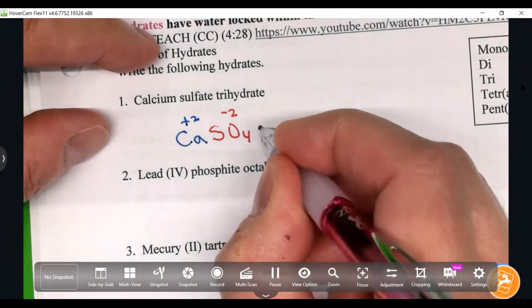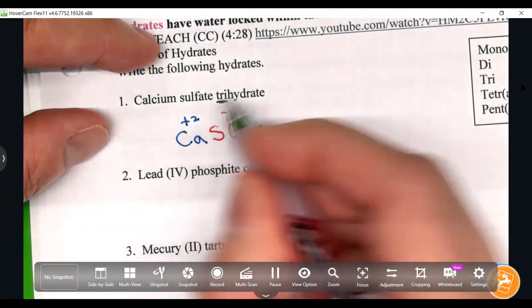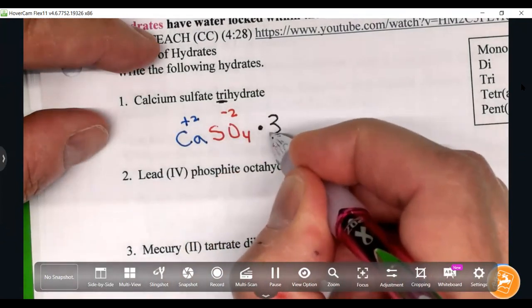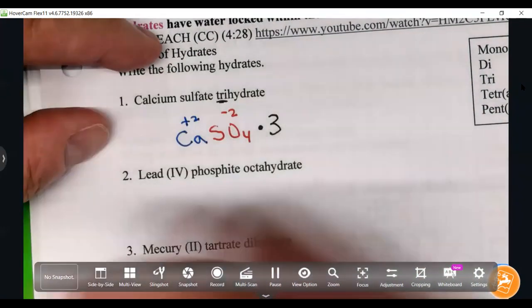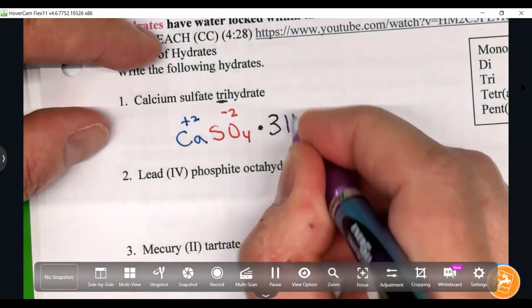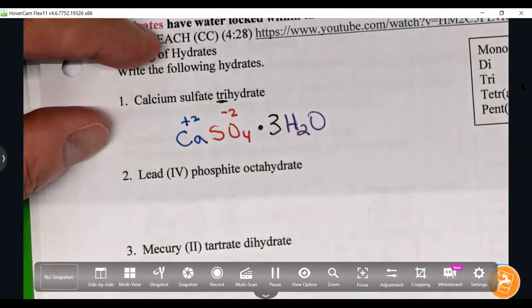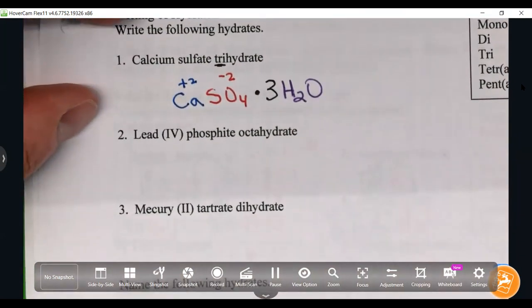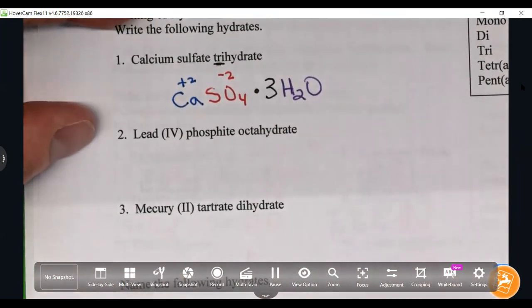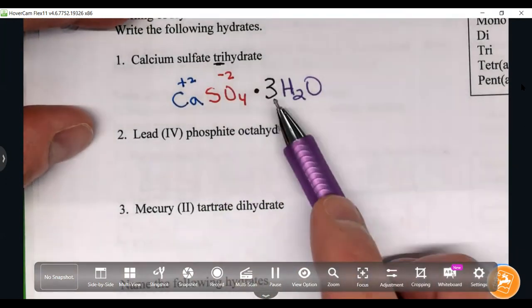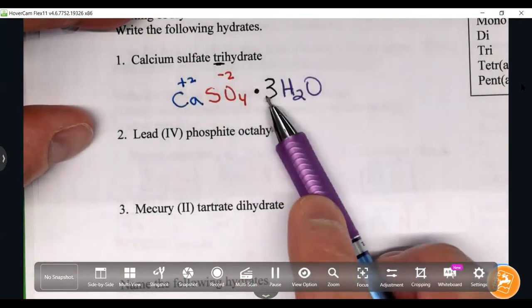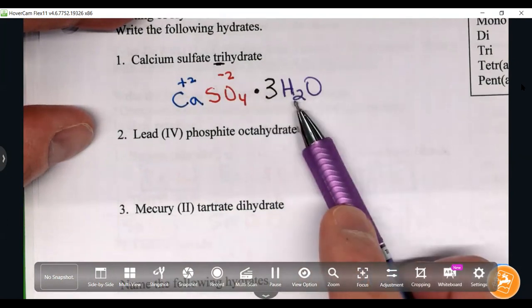Trihydrate, multiplication dot. Tri is 3. And the word hydrate is simply H2O. So nothing overpowering there. It's just using the same prefixes, multiplication dot, same prefixes, and H2O.